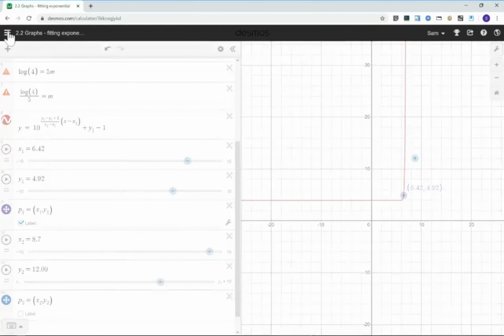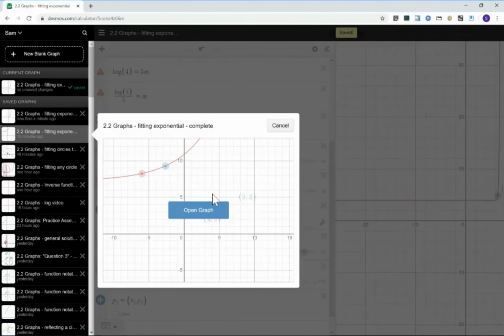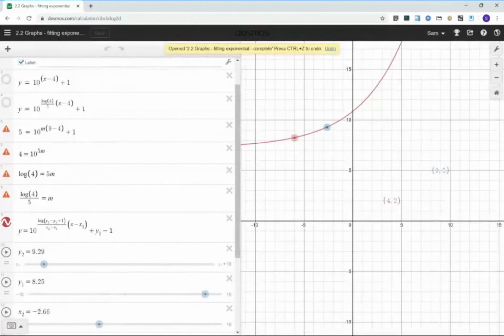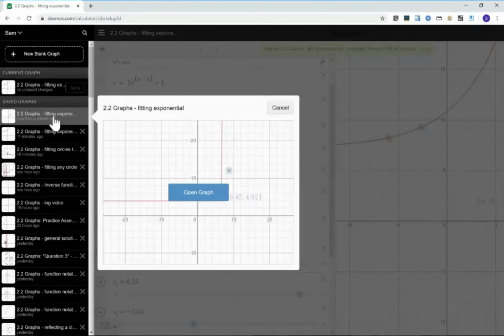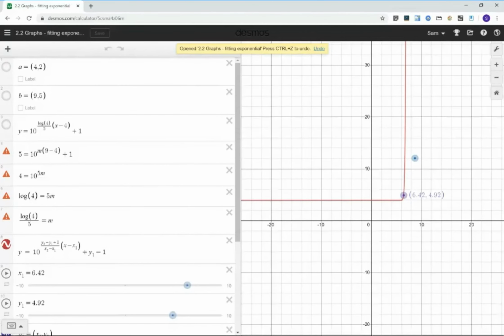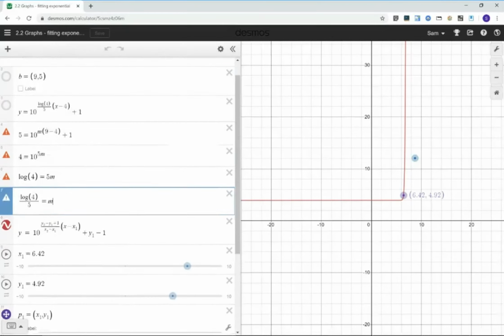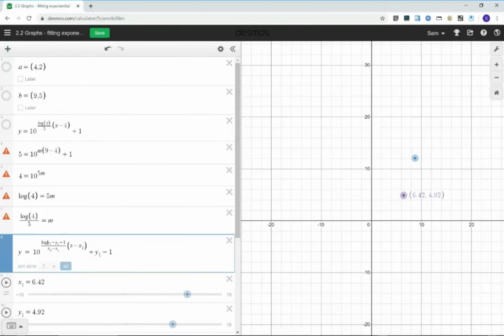All right, let me jump to one that I have previously done, see what's gone wrong. There's what I've done wrong. Okay, well spotted, everybody. Okay, in the original equation, it was log of the difference between the y values plus 1. That's the gradient.